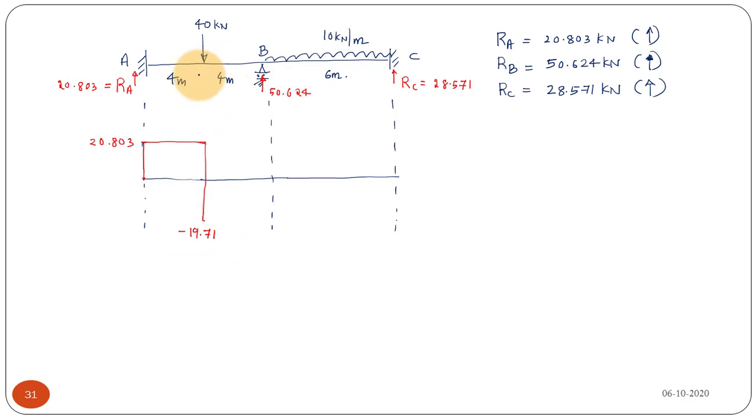Let me call this point D. From D to B there is no load, so the shear force diagram will be just constant. Now we have to go 50.624 in the upward direction.